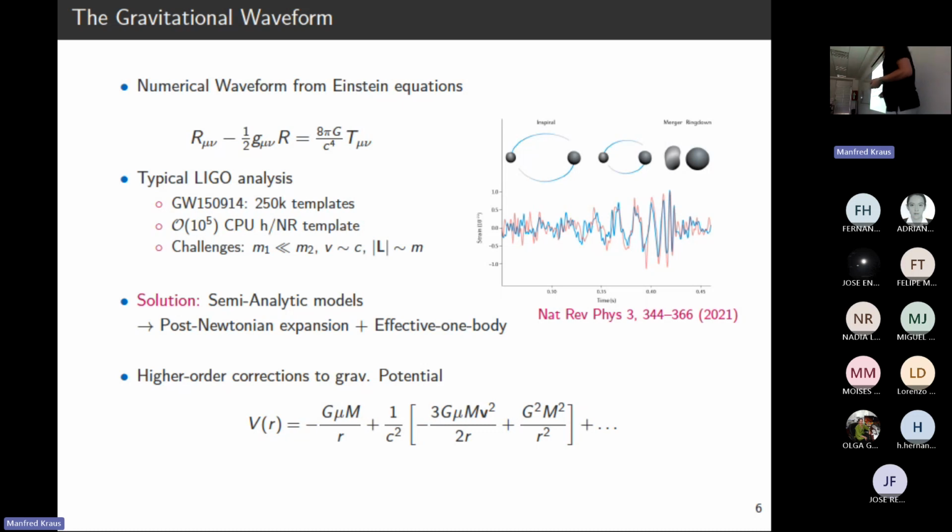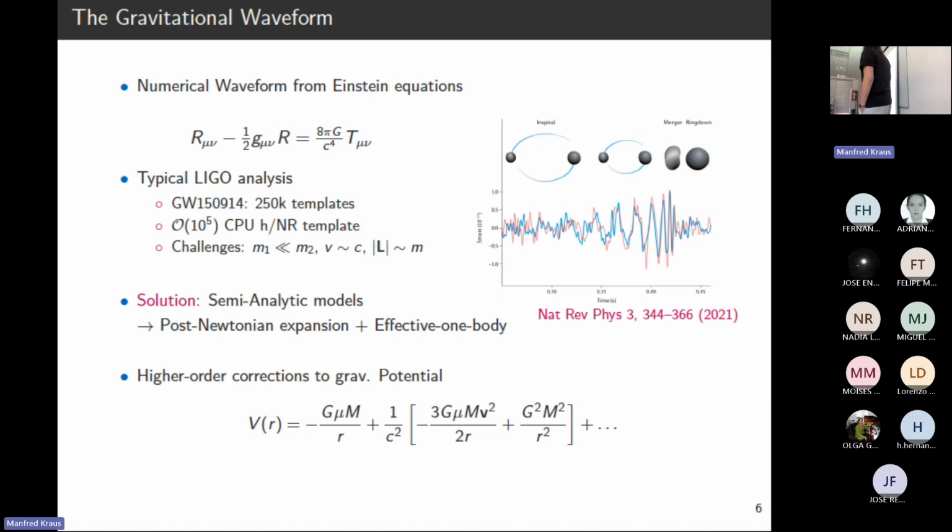So in order to make such an analysis feasible, the solution is to use something like semi-analytic models. The main point is that we can actually do perturbation theory here in the beginning and here in the end. When the merger is happening in the middle, you have to rely on numerical relativity to get the correct answer.